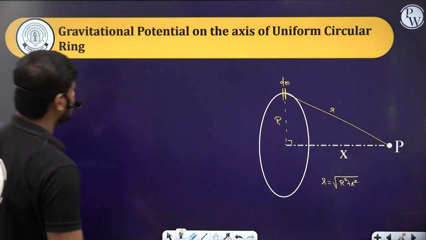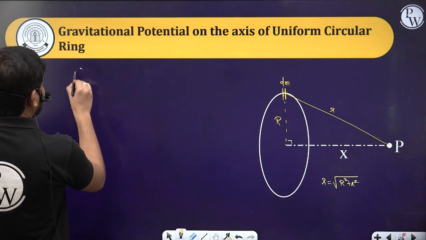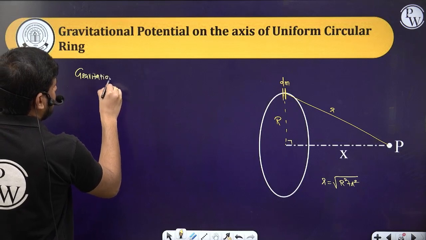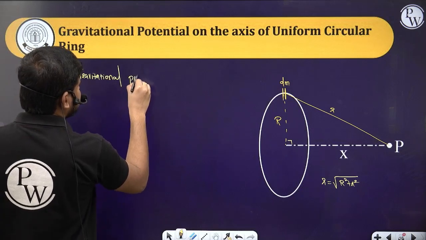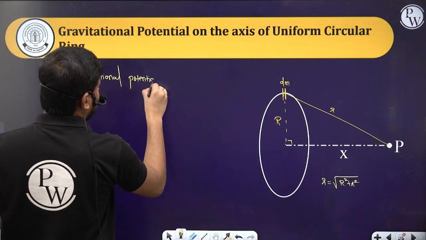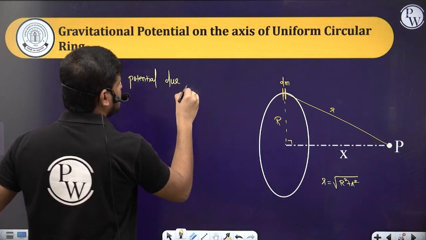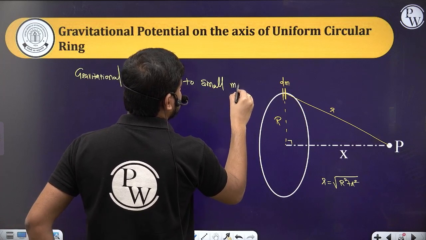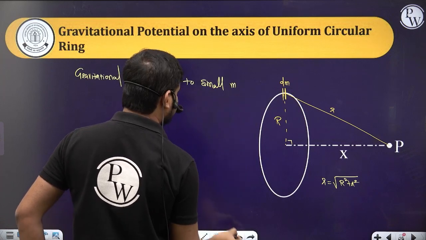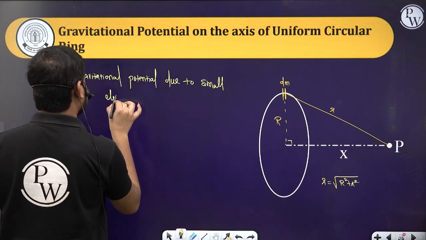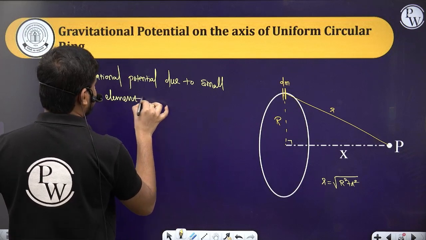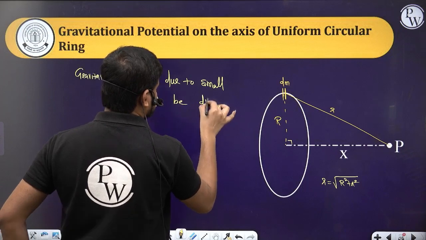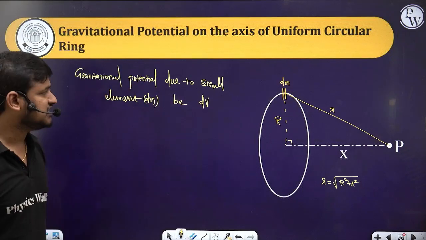We can write that. So what is the gravitational potential due to the small mass dm, the small element? Let the small gravitational potential be dV.